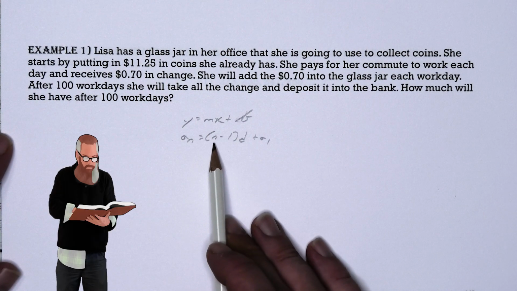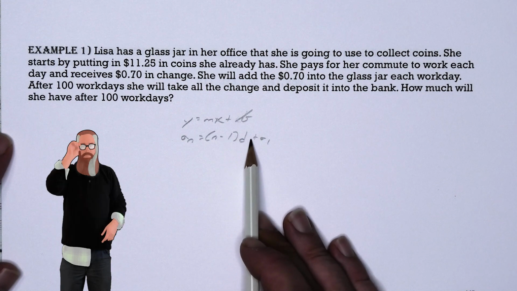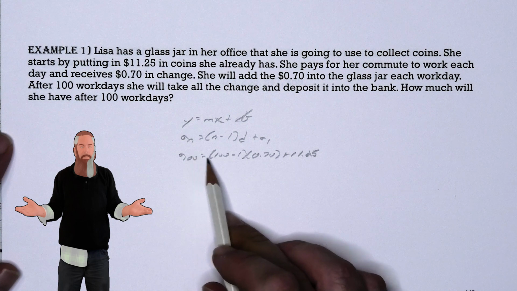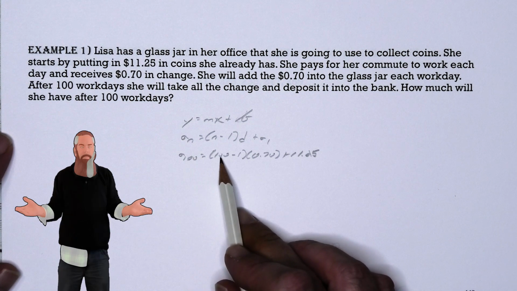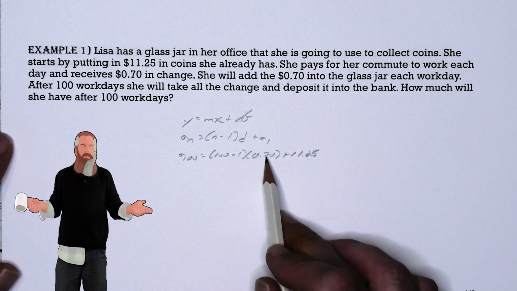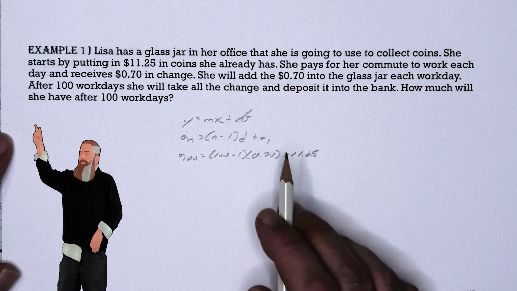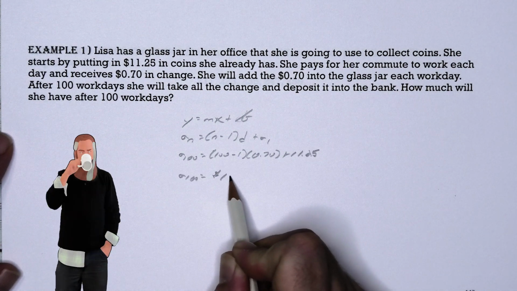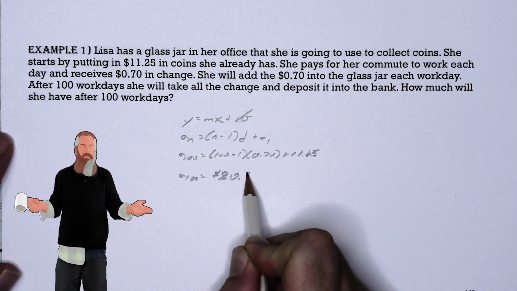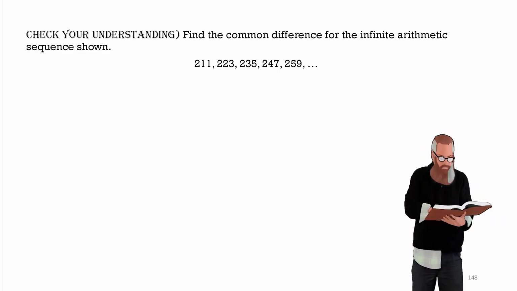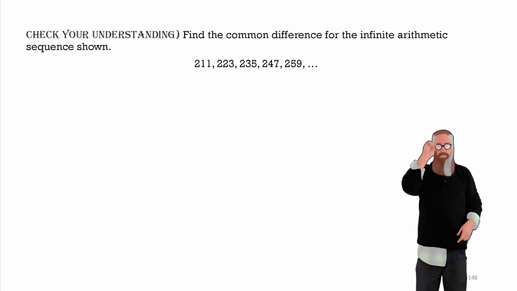So for the 100th day, the 100 would go in for the n, 70 cents is how much she saves every day, and the starting point of 11.25 is our b term. So after 100 days, she will have $80.55.